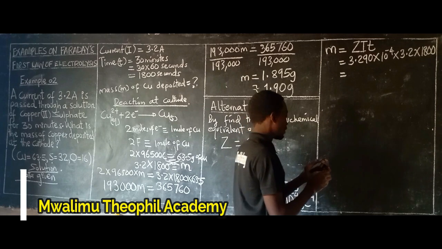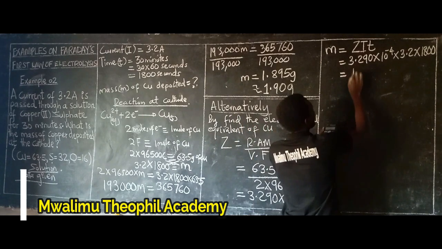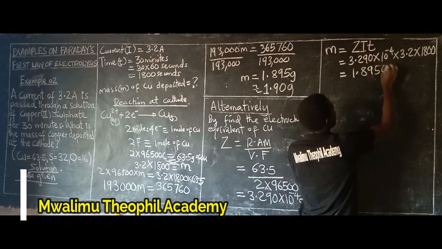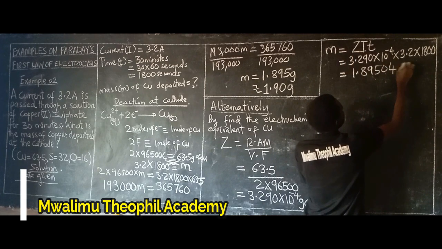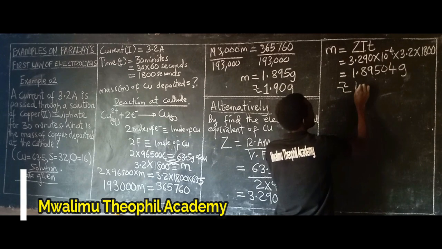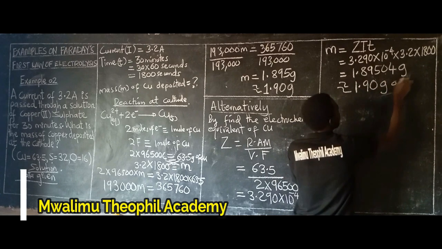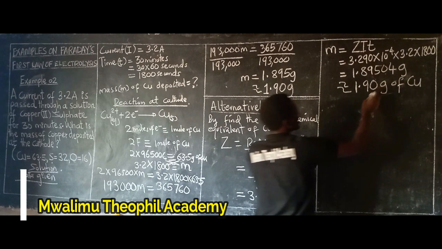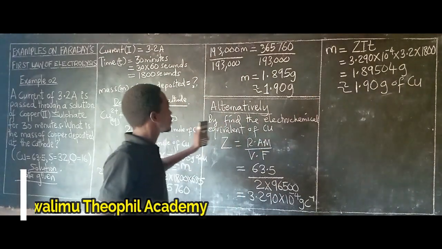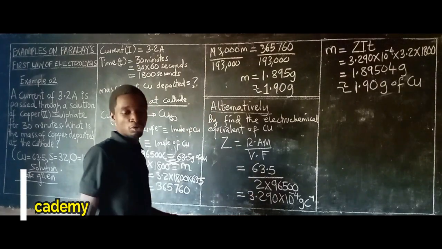We get 1.89504. This you have to know is in terms of grams. So this can be approximated as 1.90 gram of copper. So you can find that the values obtained in the alternative and in the first solution we have made are equal.